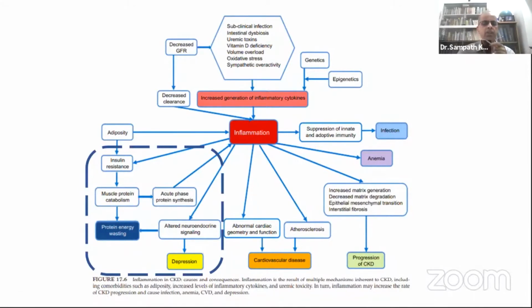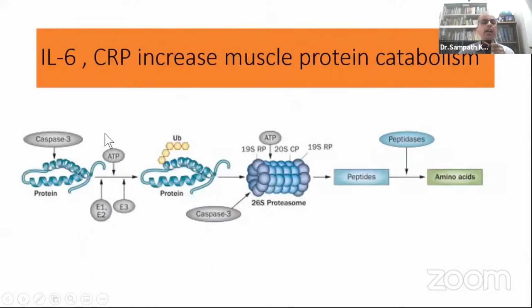Once insulin is prevented from its activity, then muscle catabolism happens. And once muscle catabolism starts, it is itself a source for acute phase protein synthesis. And altered neuroendocrine signaling and depression, we'll see. So you have this IL-6 and CRP, which increase muscle protein catabolism through the proteasome system.